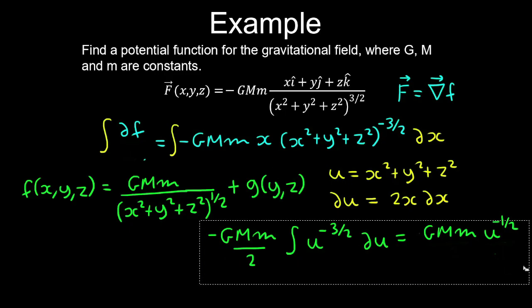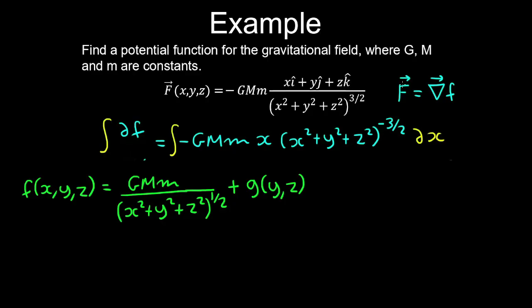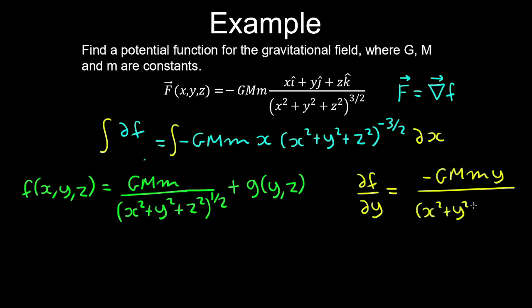Now let's make a bit of room here. So equating the second component of F with the second component of the gradient of f, we get the partial of f with respect to y is equal to minus GM by y on (x squared plus y squared plus z squared) to the 3 on 2. And now if we take the partial of f with respect to y, we get minus a half by 2y, which is y.